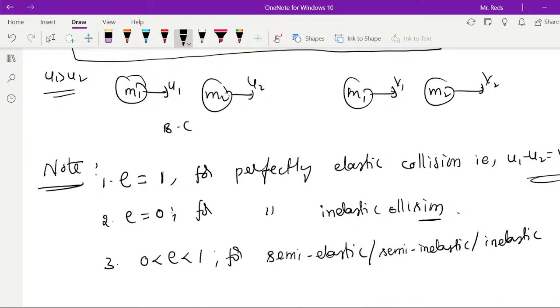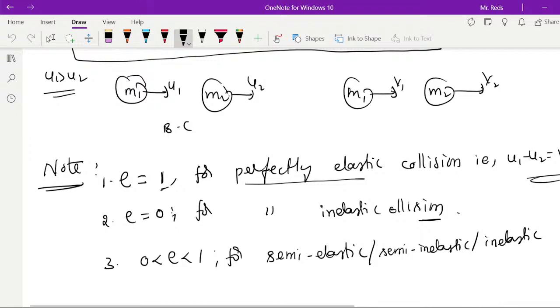Some options will be given. So for a perfectly elastic collision, E should be equal to 1, and equal to 0 for a perfectly inelastic collision. You have to remember this part.